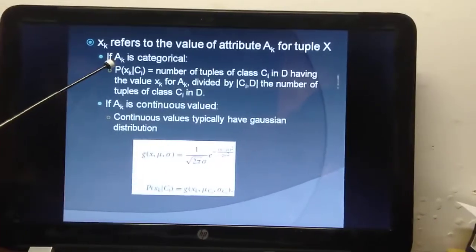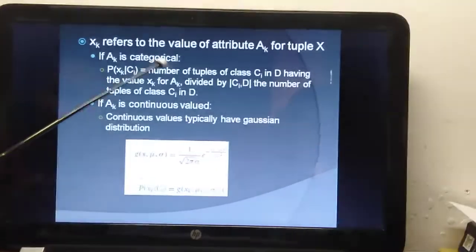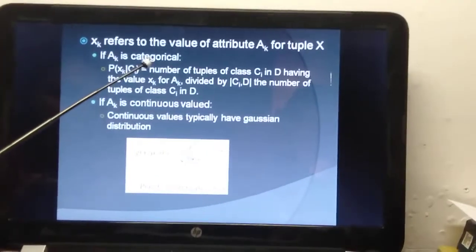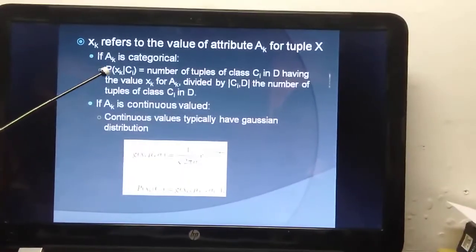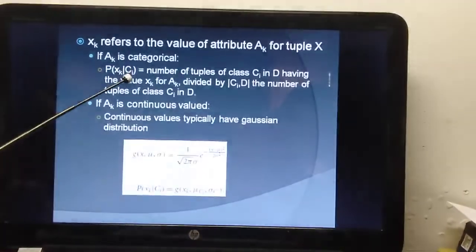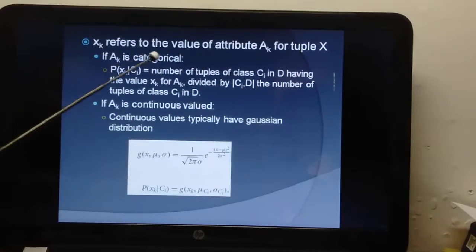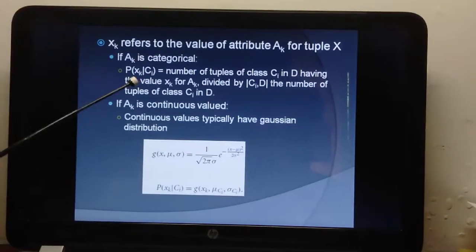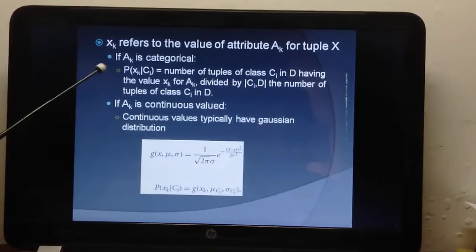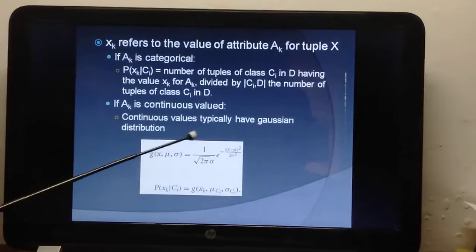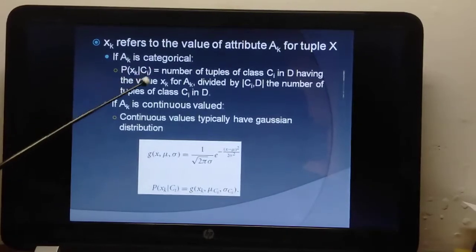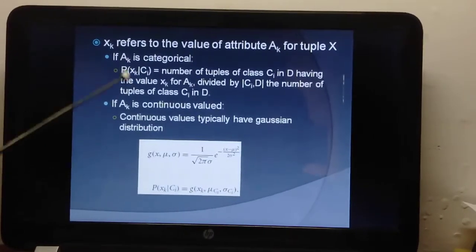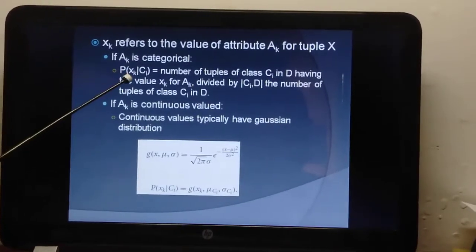Now we need to know one more thing. If the attribute is categorical, then I have to find P of xk given Ci for each of the categories. So if I have age, I will have youth, middle-aged and senior, and I have to find P of xk given Ci for youth, for middle-aged and for senior.